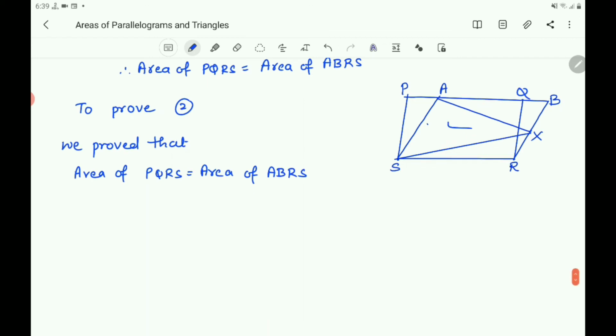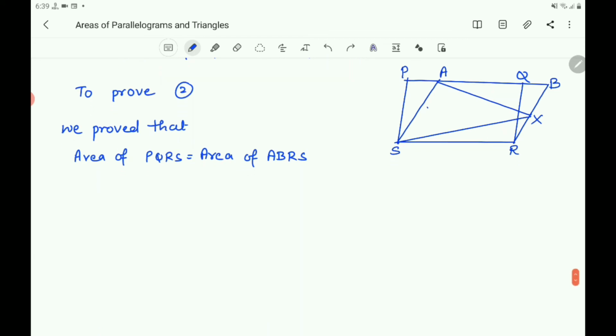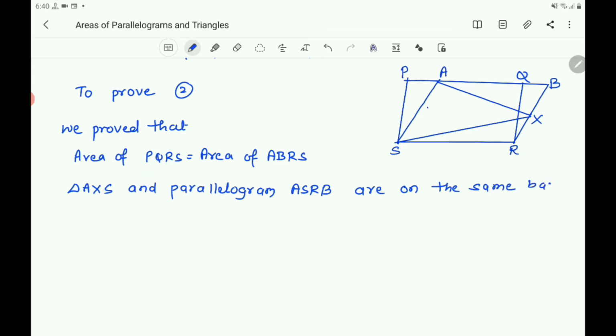And now you take this triangle. Triangle AXS and parallelogram ASRB are on the same base.